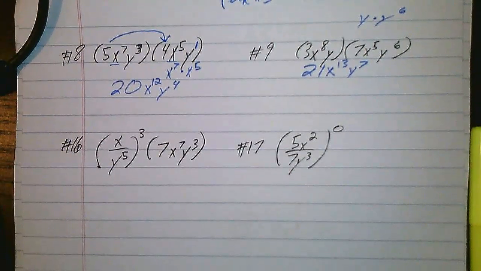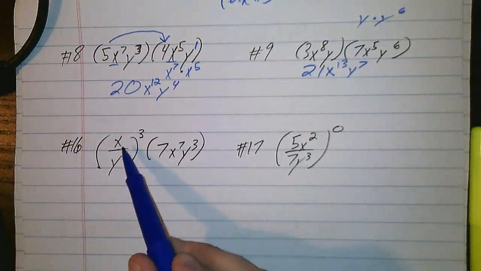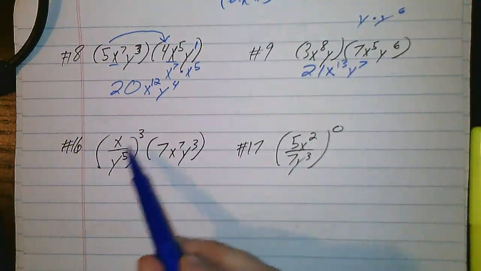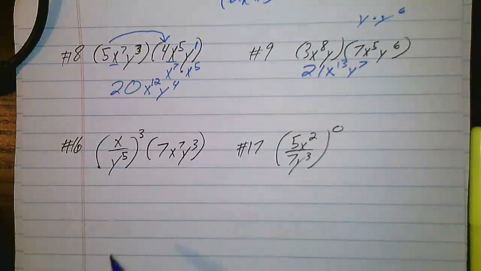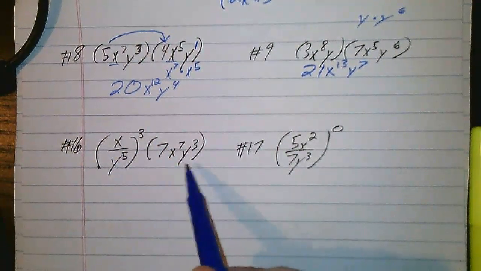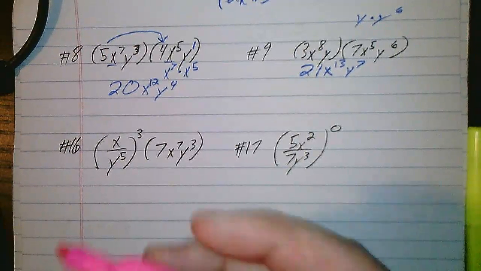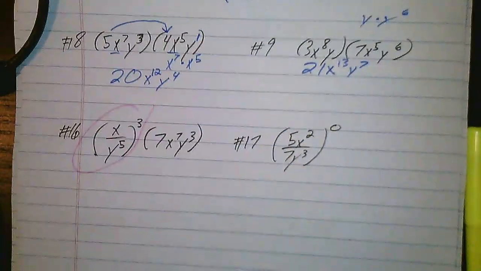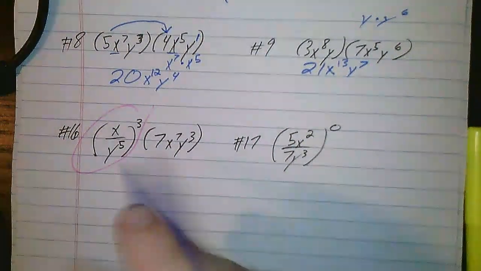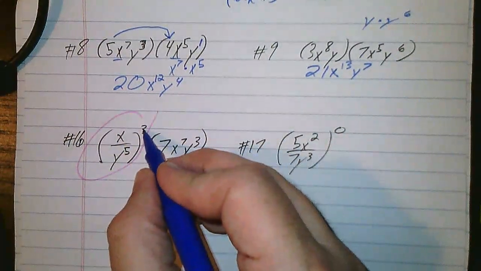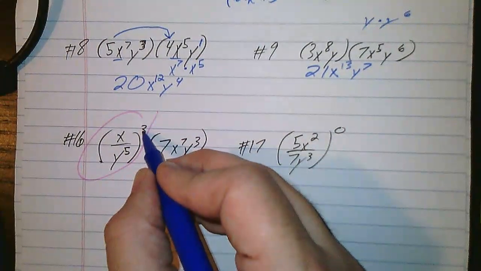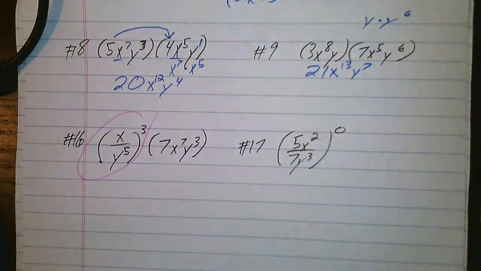So for number 16, we have this fraction here, x over y to the 5th raised to the 3rd power, and then this is being multiplied to 7x to the 7th y cubed. So first we can kind of simplify this and break this down. This is where we have an exponent raised to another power, a power raised to another power.